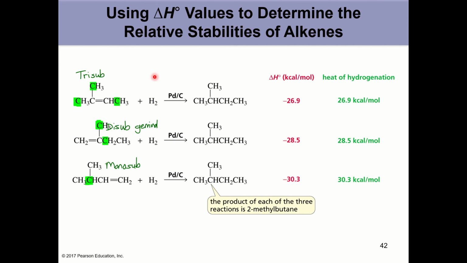From your text, we have that this tri-substituted has an enthalpy of negative 26.9 and a heat of hydrogenation of positive 26.9. The geminal di-substituted example has an enthalpy of negative 28.5, which is greater than the tri-substituted.